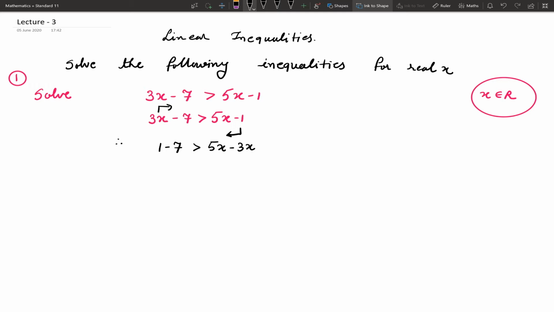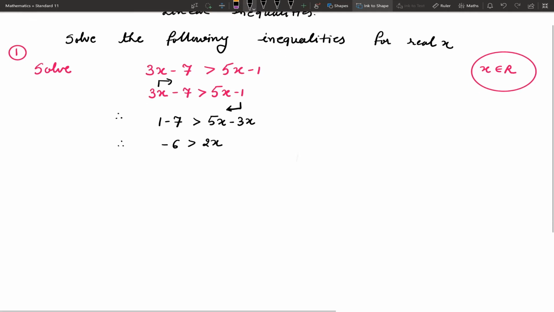Simplifying this one, note that we have transferred 3x to the right hand side, so the sign is changed, plus will become minus. Minus 1 we have moved to the left hand side, so again it will change the sign and become plus 1. So 1 minus 7, that is minus 6, greater than 5x minus 3x, 2x.